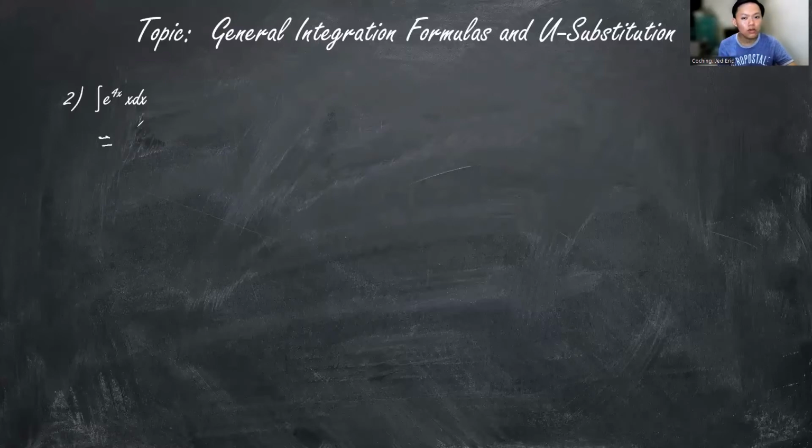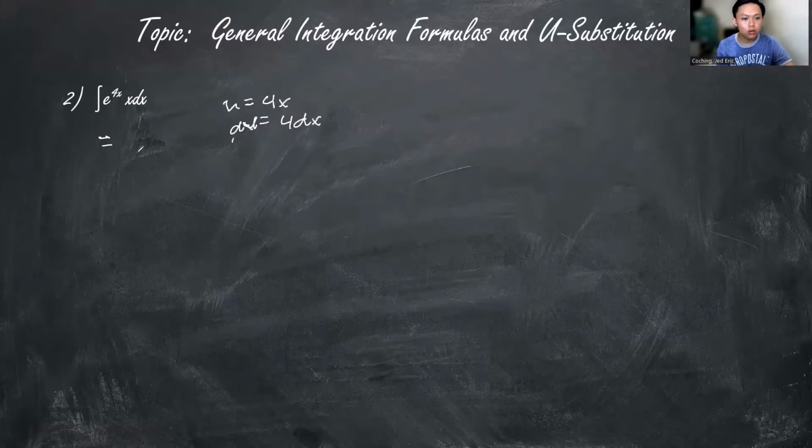the exponential function formula. So u is equal to 4x and du is equal to 4 dx.